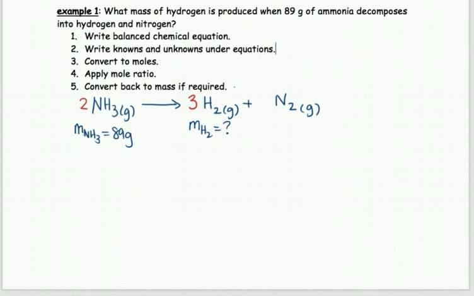So our first step here is we're going to change everything to moles of ammonia. And then our next step will be to convert to moles of hydrogen.